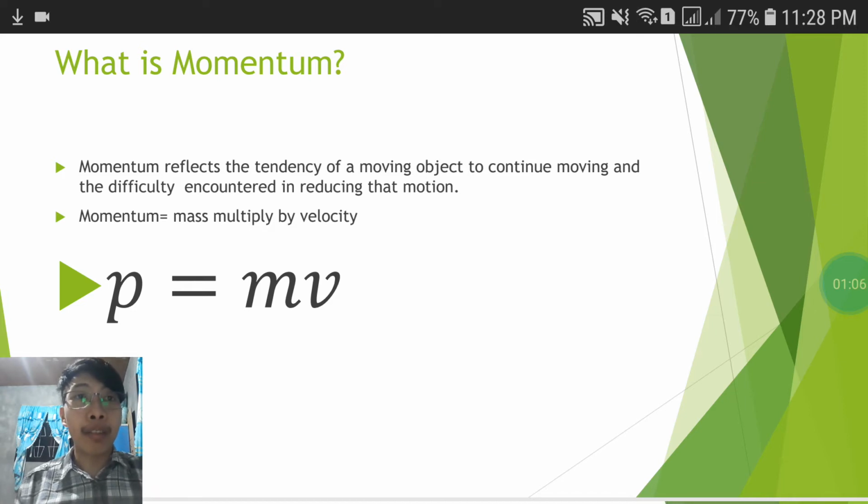The more massive the object is, the greater the momentum. And the faster the object is, the greater its momentum. So we have the equation here: momentum is equal to mass times velocity.